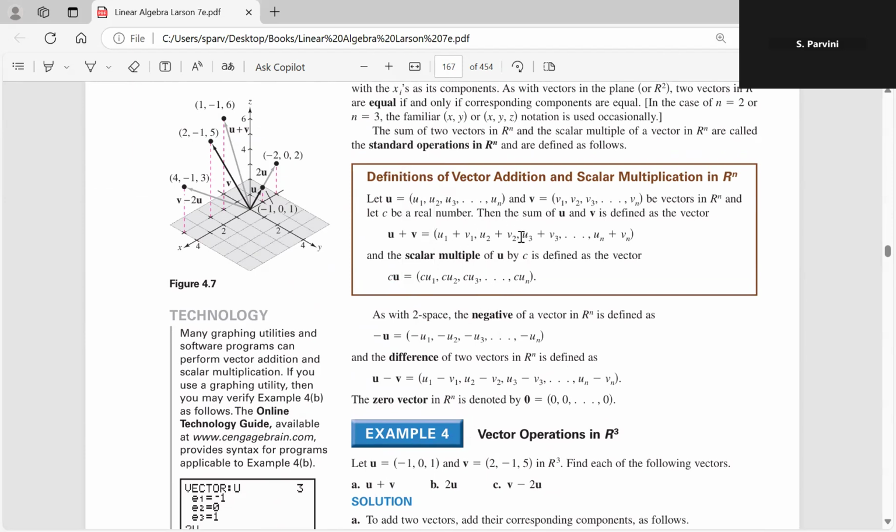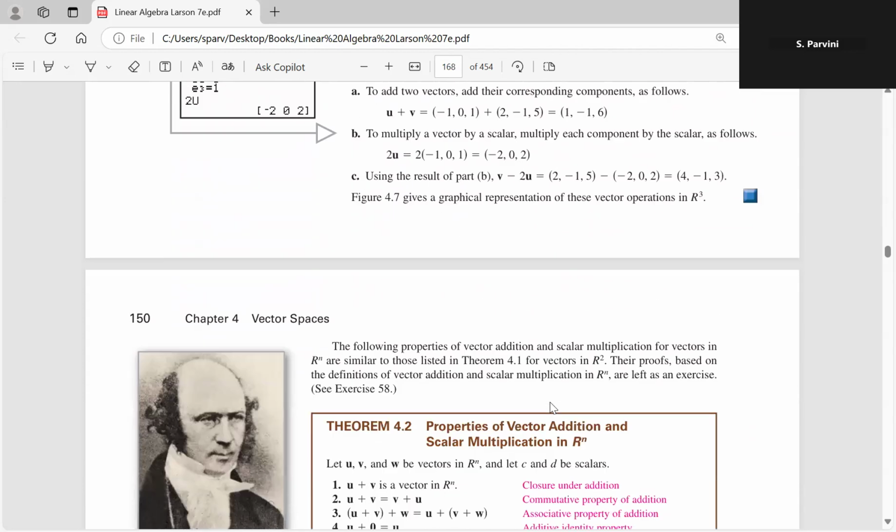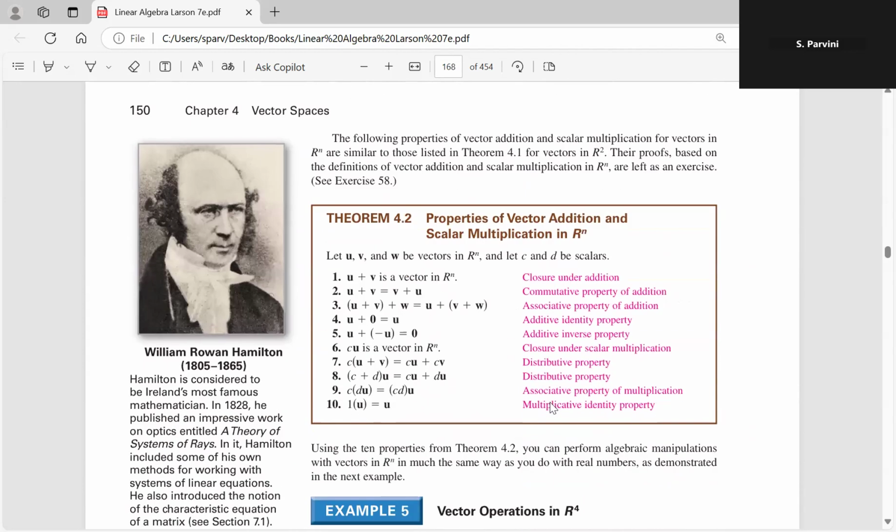Other operations would be tagged as non-standard. We saw the properties of vector addition and scalar multiplication. That's theorem 4.2. These are also called axioms or definitions of operations in Rn.